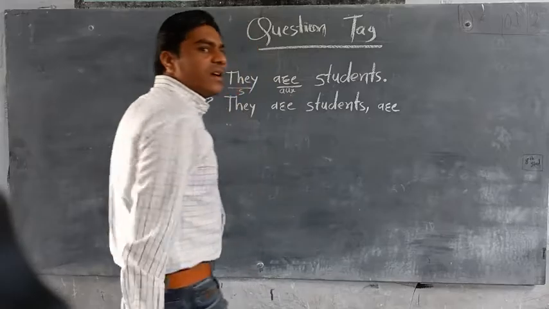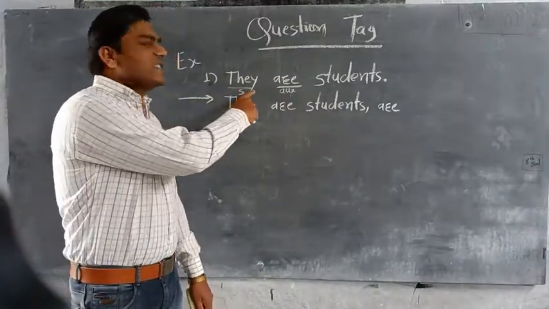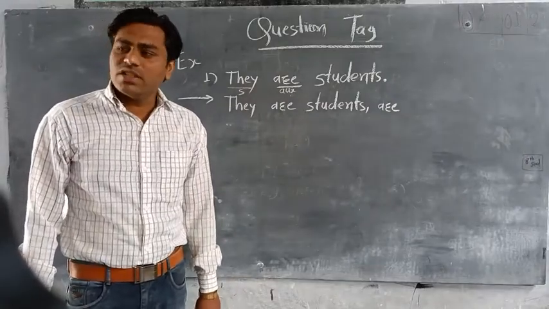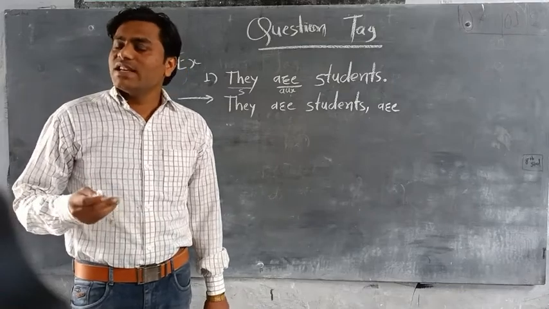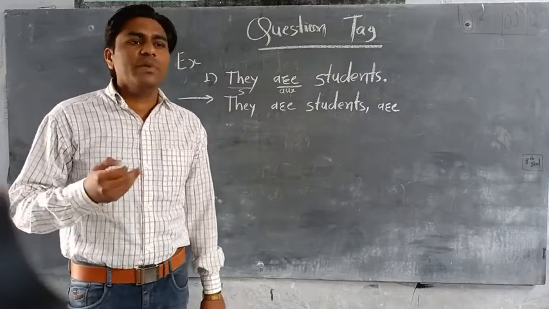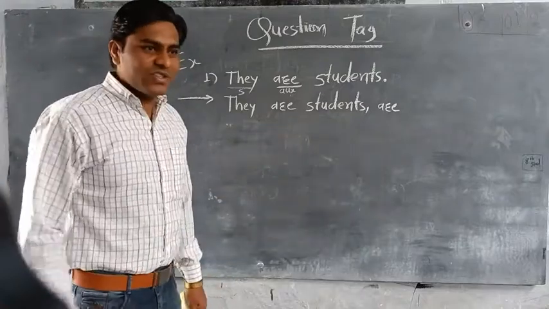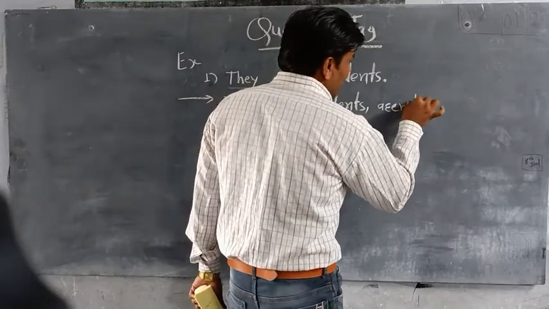Are. And the next rule is there. The sentence is in positive form. So when the sentence is in positive form, we have to make the question tag negative. So we have to use aren't, are not, aren't.